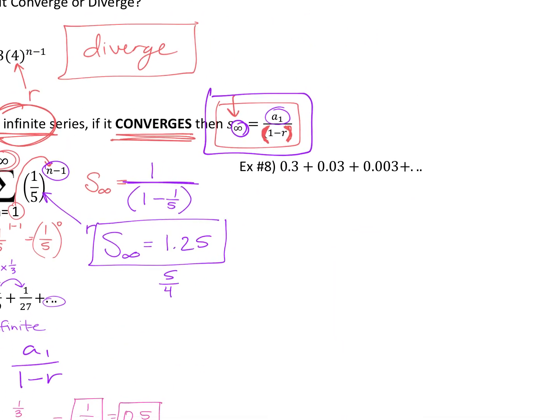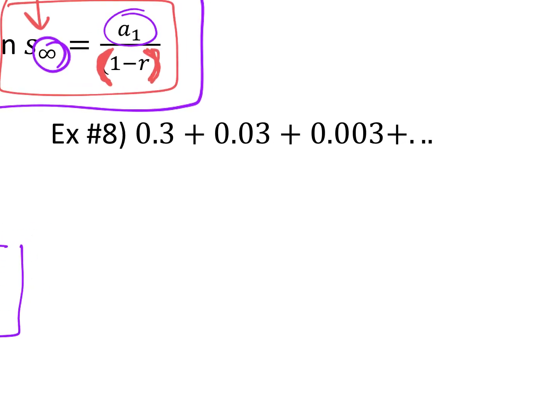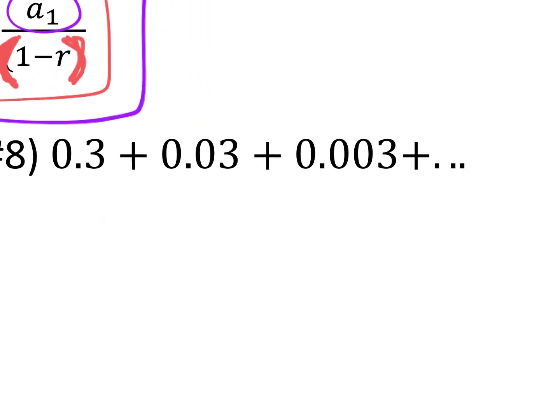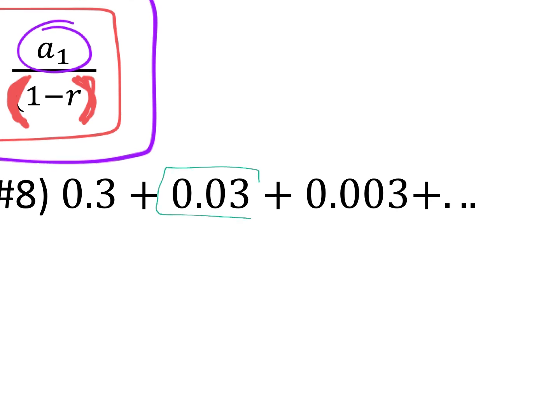Last one, example 8. We have to figure out, is it arithmetic or geometric? How do you figure that out? I feel like this one confuses people a lot because it's not as intuitive as some of the other ones. Remember, you always take the second term and the first term and do something to them. So you either divide them or you subtract them, right?